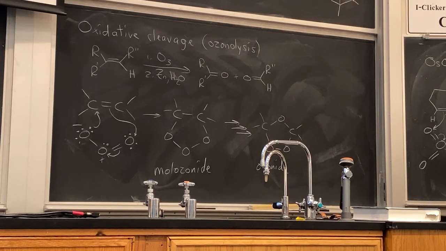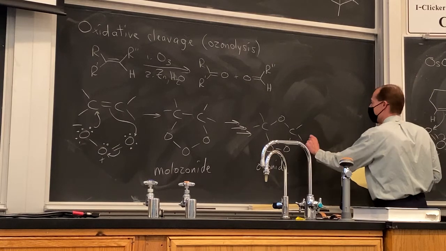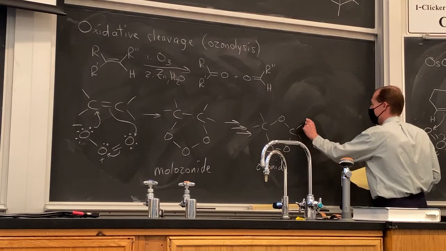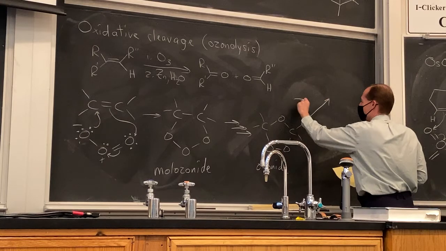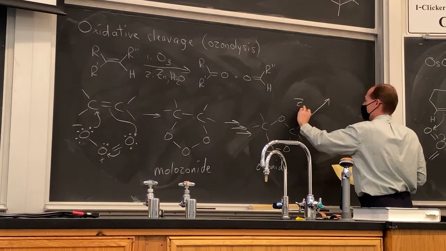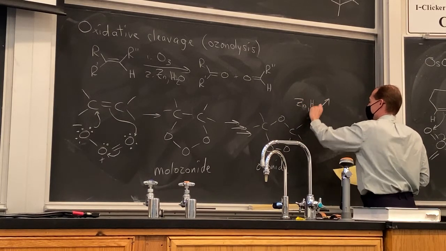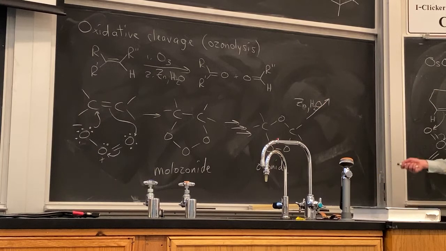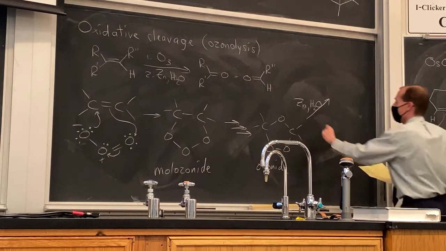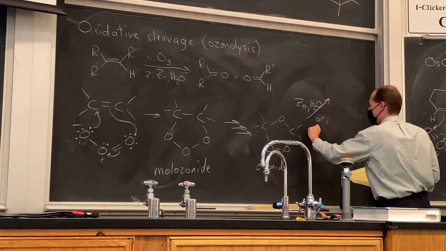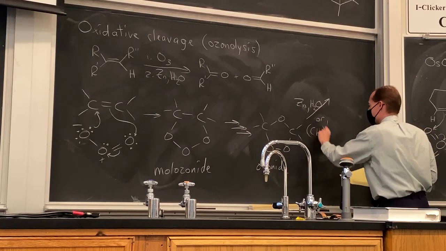But once we get to the ozonide, there's one more thing we have to do. We actually have to perform a reduction. So we would use zinc and water because we have to cleave the oxygen-oxygen bond. That's going to be a reduction process. Or we can use dimethyl sulfide.